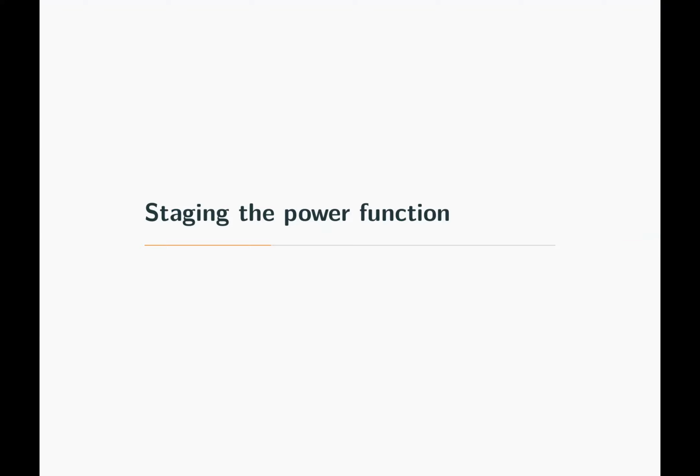Right. So now we know how quotes and splices work. The idea is to use that to write what we did for power 10 by hand, to use Template Haskell to write that for us.